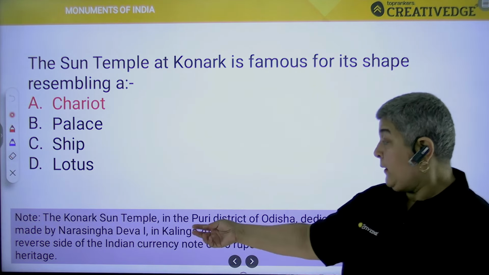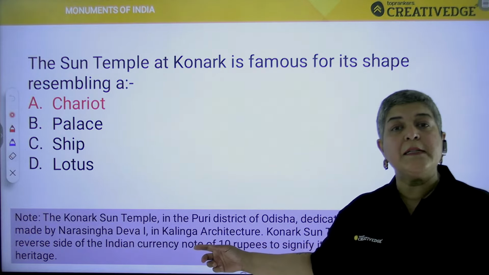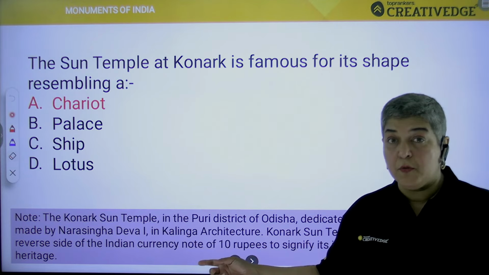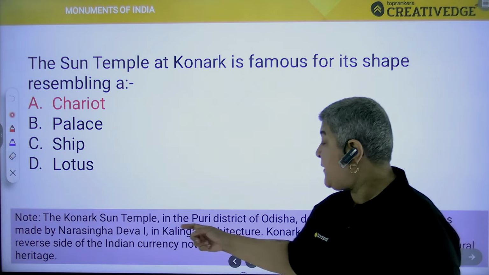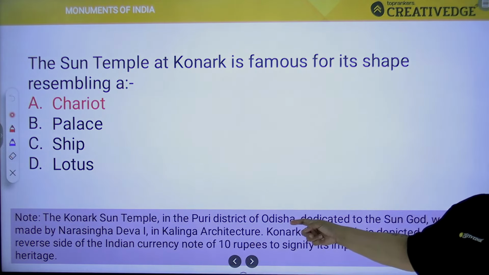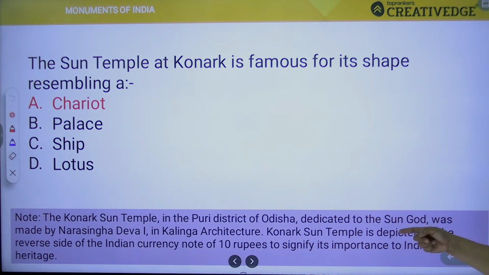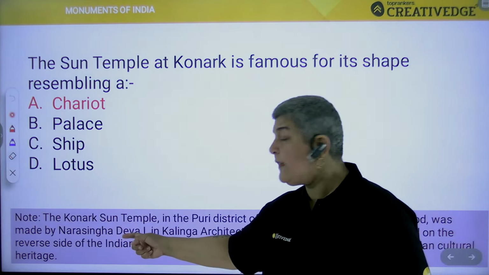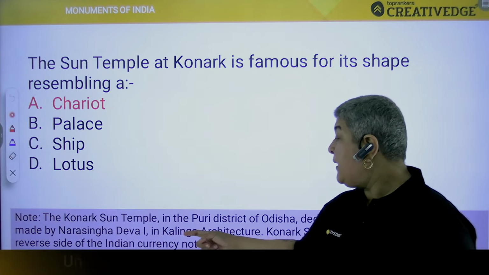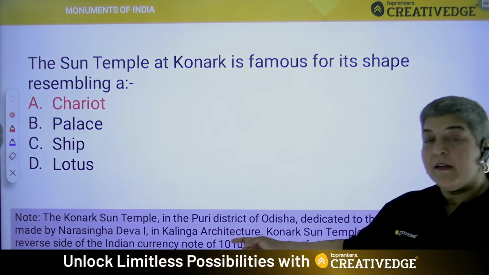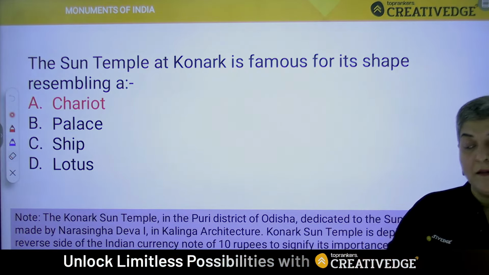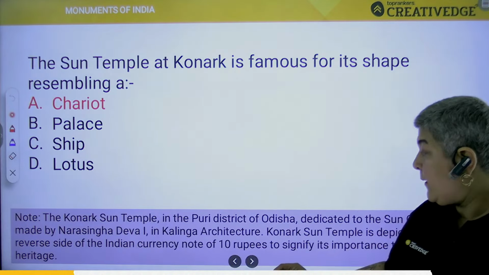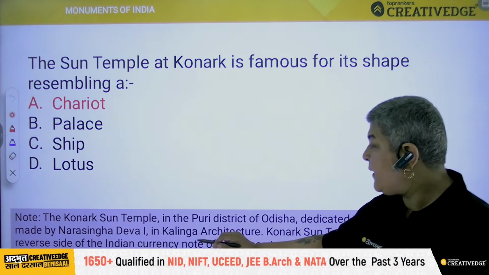Let's go on ahead and read some more info about the Konark Sun Temple. It is present in the Puri district of Odisha, dedicated to the sun god, and was made by Narasimhadeva I in Kalinga architecture. Guys, I feel I should have underlined this, right?